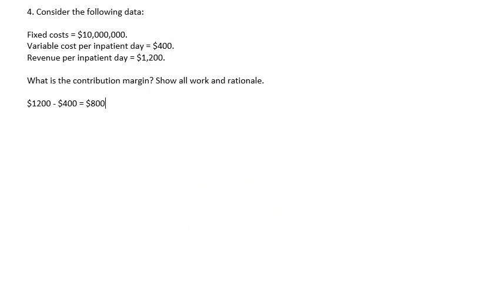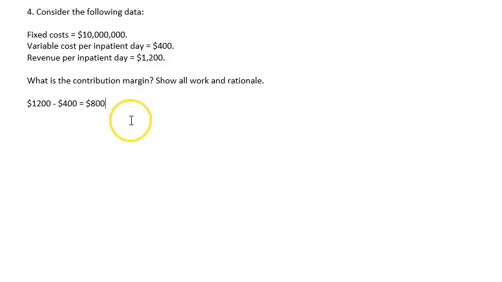And just to add on to that, remember contribution margin. What does that mean? It's the contribution made towards covering the fixed costs. So even though we've got $10 million in fixed costs up here, each time we do one of these inpatient days, we're knocking out 800 that will be used to contribute towards covering that fixed cost.